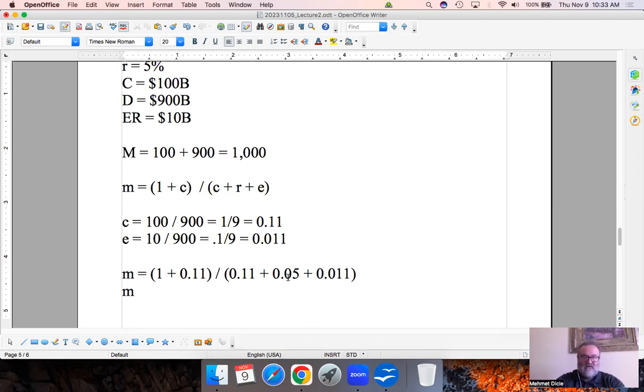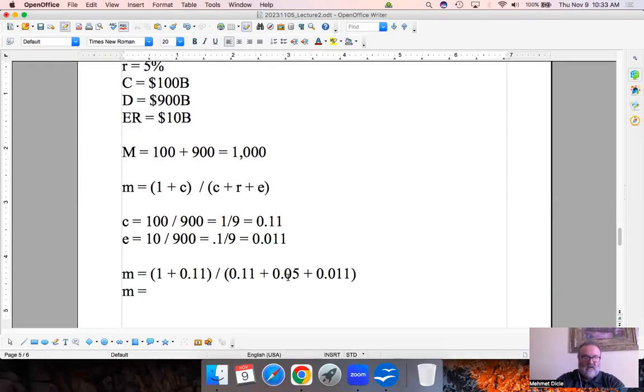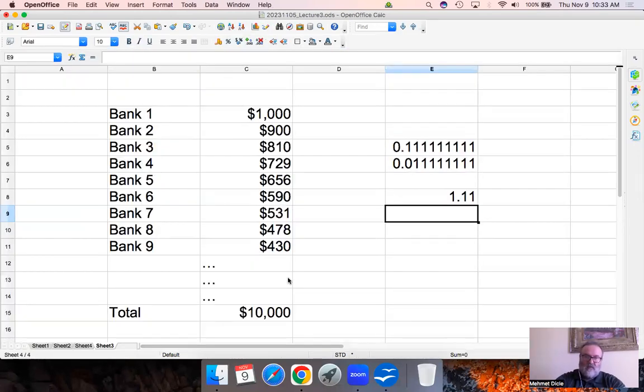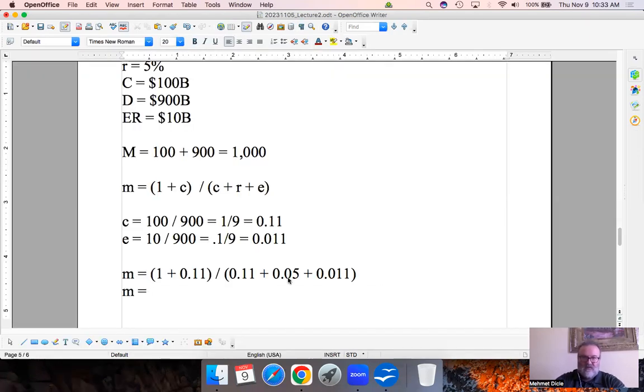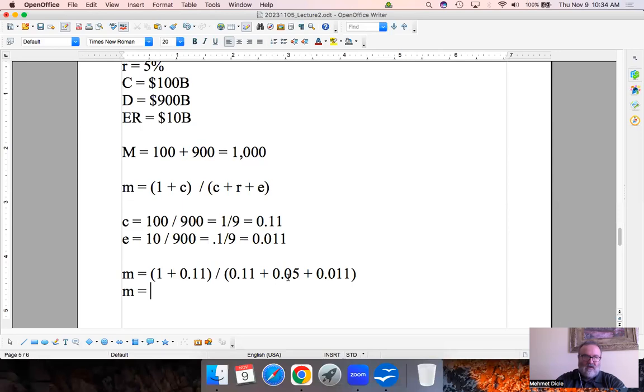So that would be what this is. 1 plus 0.11, that's your numerator. So 0.11 plus 0.05 plus 0.0111. And then the numerator divided by that, and that's 6.49. And that's our money multiplier, right?